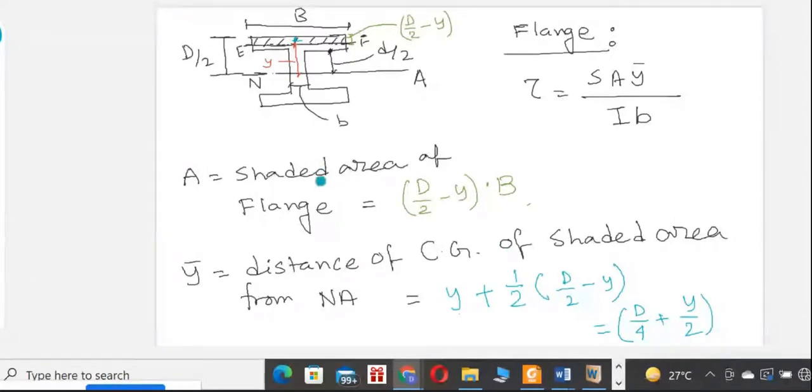Now what will be the shear stress for this flange portion?